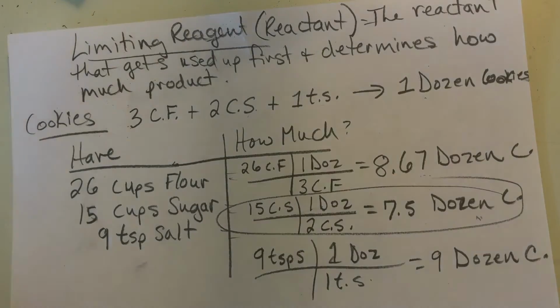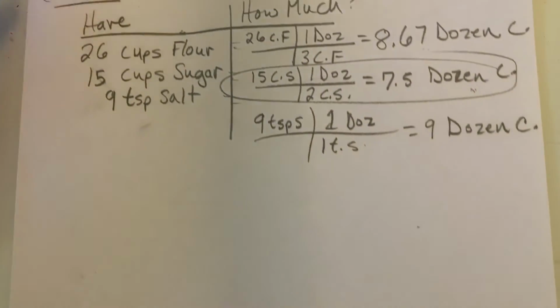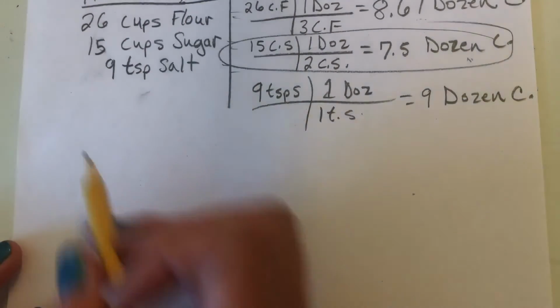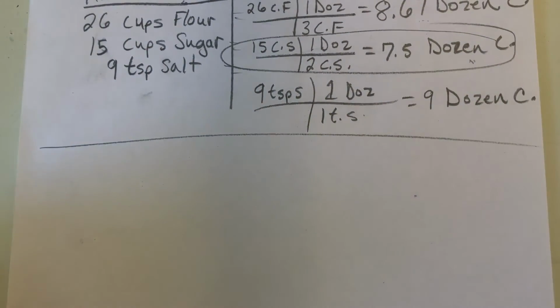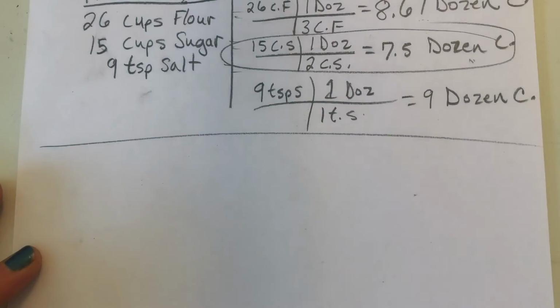Okay. So let's do a little bit more of a chemistry problem, just to see how that can play out, and a slightly different way of doing it. You can do it exactly like this in your chemistry equation. You can pick a product and see how much of each reactant it makes.